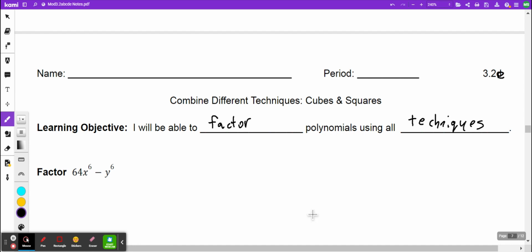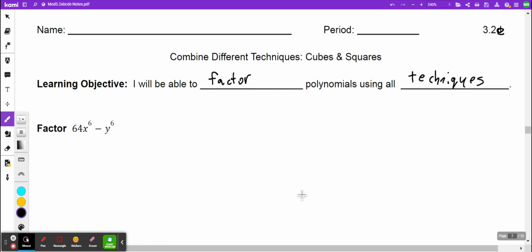So for example, I have this factor right here: 64x to the sixth power minus y to the sixth power. Now, I could convert this. I could probably square this.